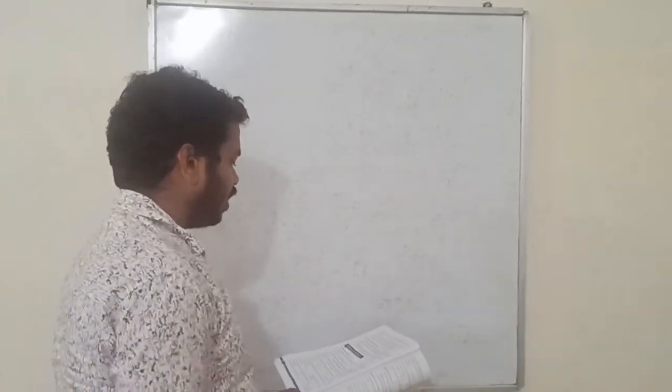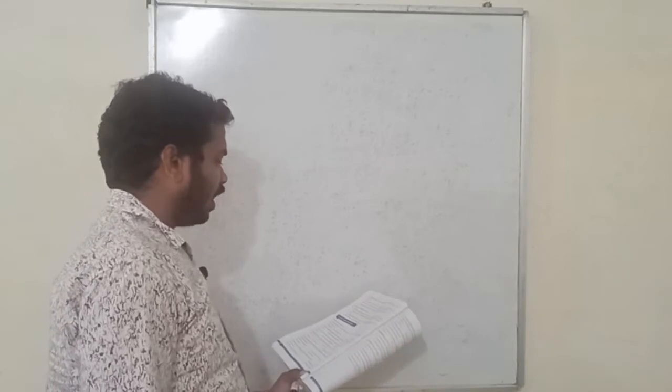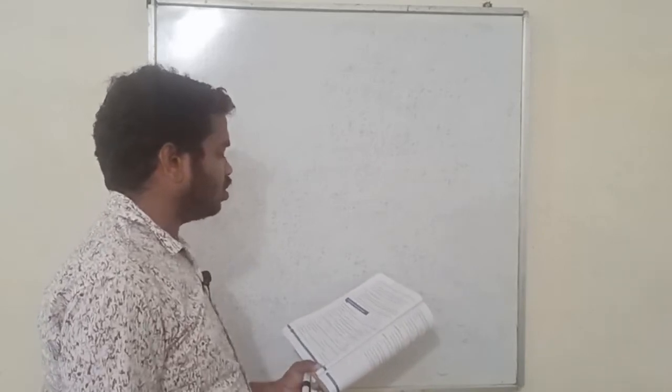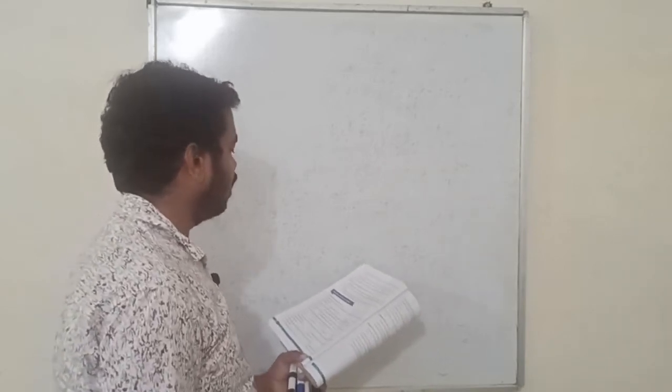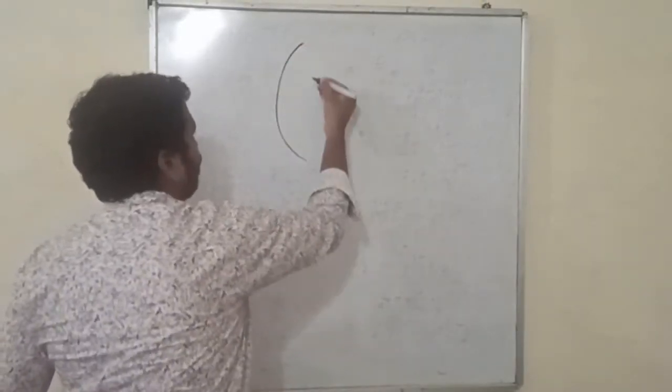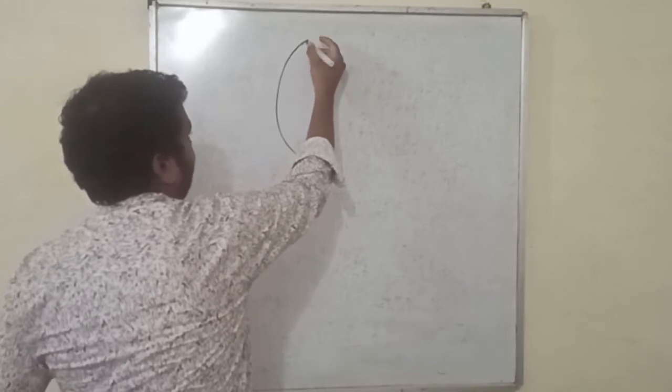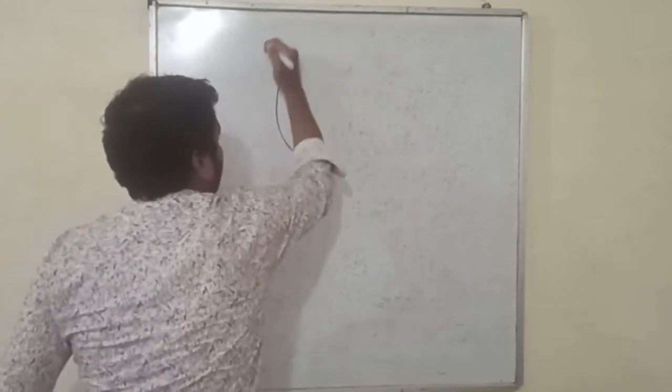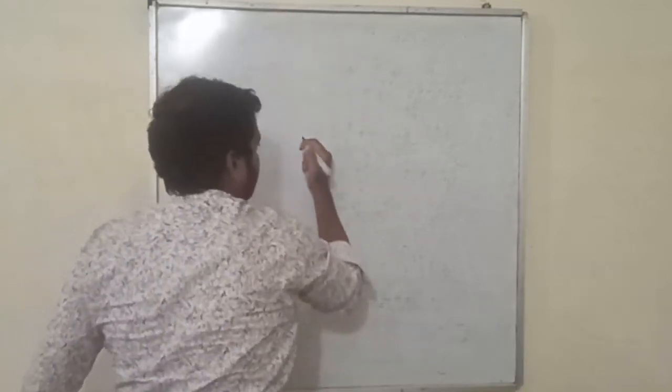A convex mirror with a radius of curvature of 3 meters is used as a rear view mirror of a vehicle. So what he has told is a convex mirror. Let me draw the diagram neatly.